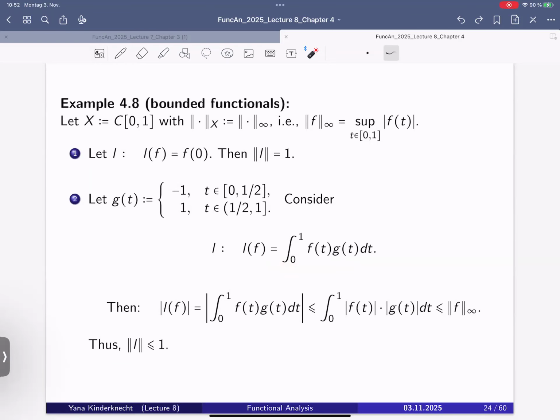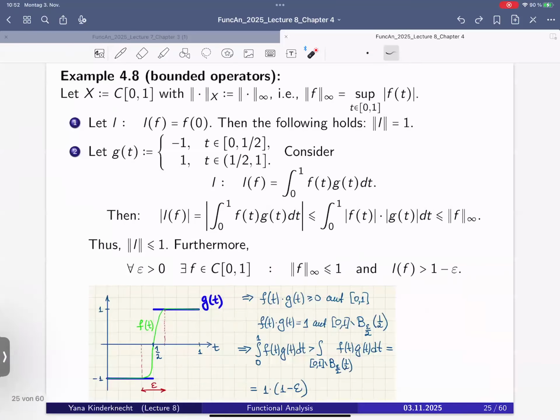So let us check that the norm of L is actually equal to 1. In the previous case, we just presented an element f such that L applied to f is exactly 1. In this situation, it is not possible to find such an element.